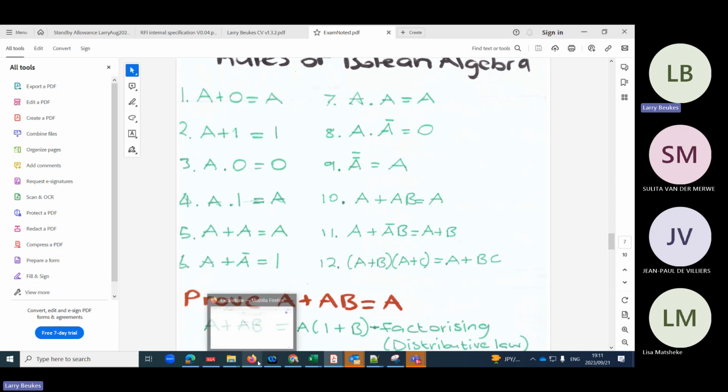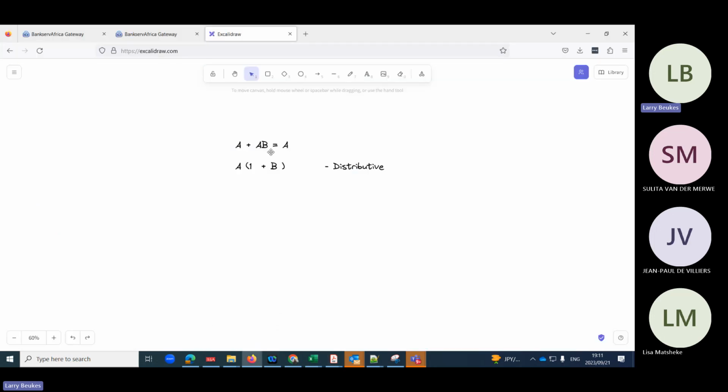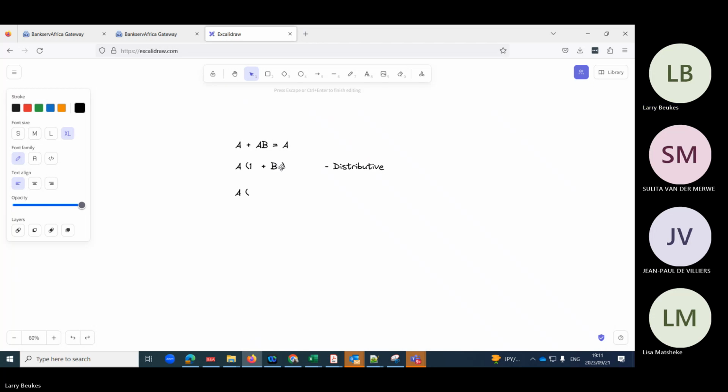Okay, so let's see. So we have 1 plus b. Let's say 1 plus a. So 1 plus a, let's do it out of our heads. 1 plus b is equal to b?